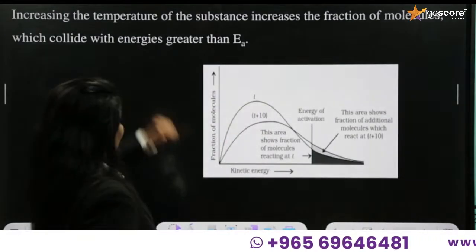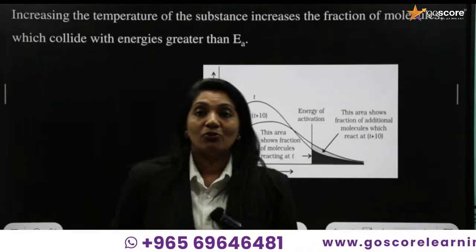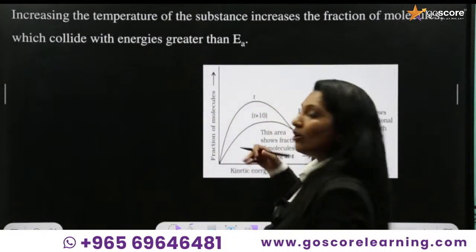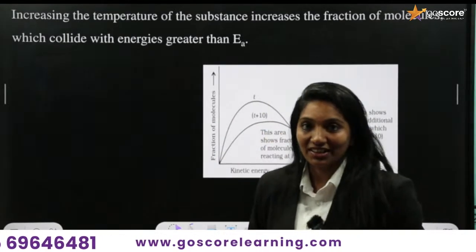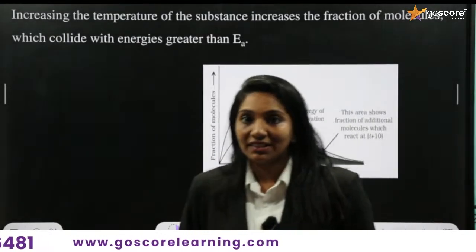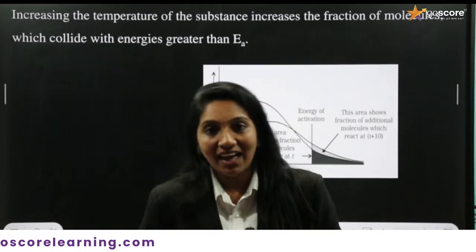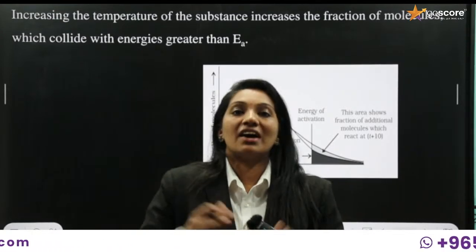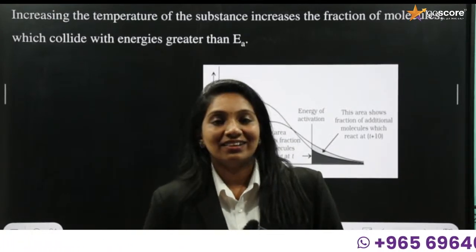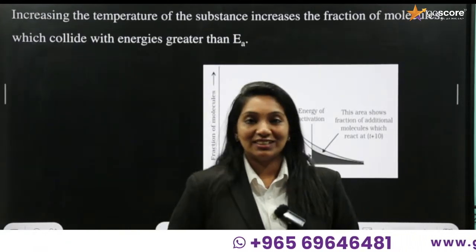Increase in the temperature of substances increases the fraction of molecules which will collide with energies greater than activation energy. So, when there is a rise in the temperature, more molecules will get energy greater than the activation energy. So, they will start to collide with each other in a faster way. So, obviously, the rate of the reaction or the rate constant will also get doubled.